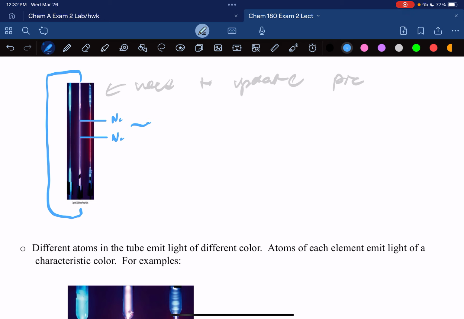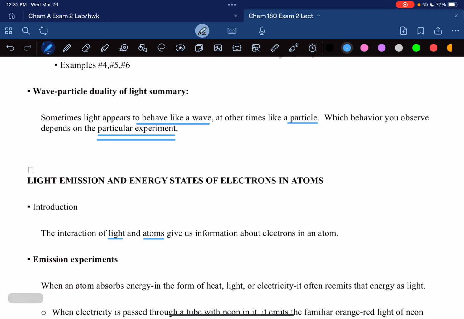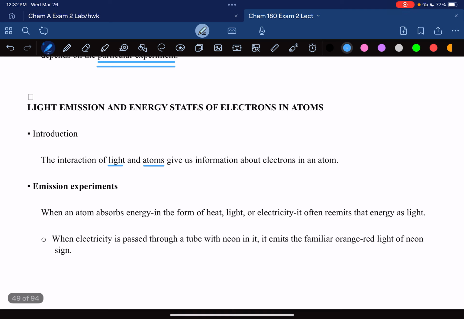And that is how the electron connects to this. In this case, the light given off is orange red, so neon has orange red light. We give energy to neon and then let it cool down from the excited state back to the ground state.